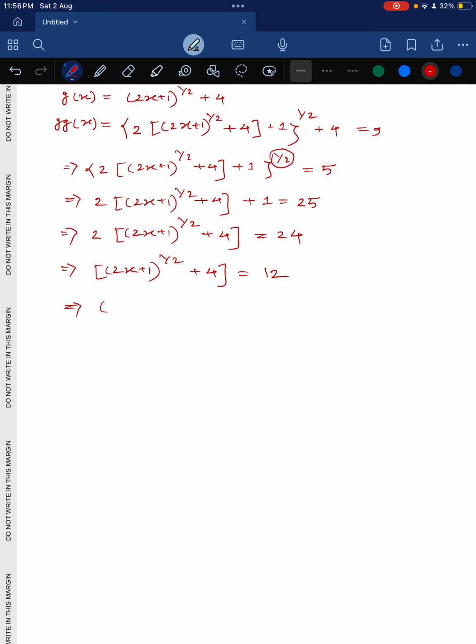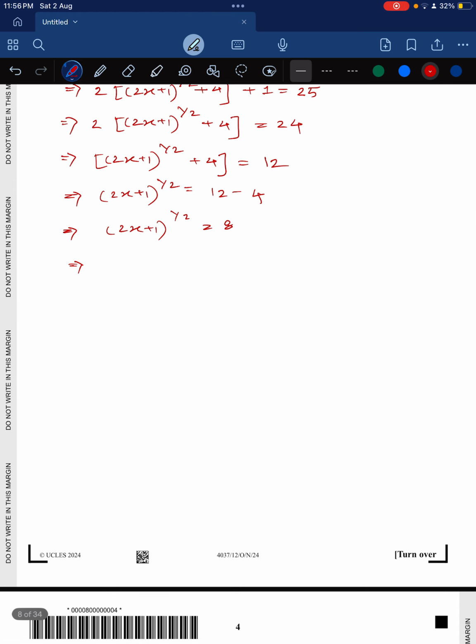So 2x plus 1 to the half is equal to 12 minus 4. So 2x plus 1 to the power half equals 8, and now we have to put another square to cancel, to balance this root or half.